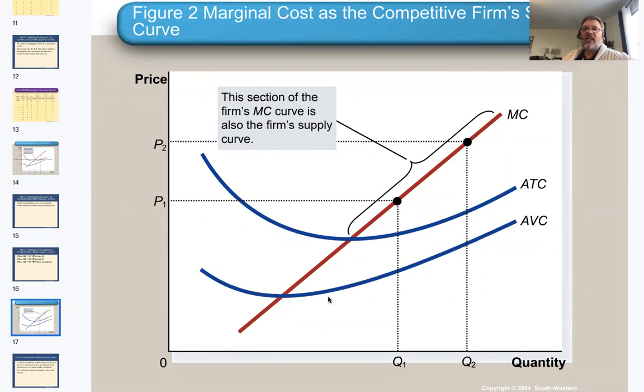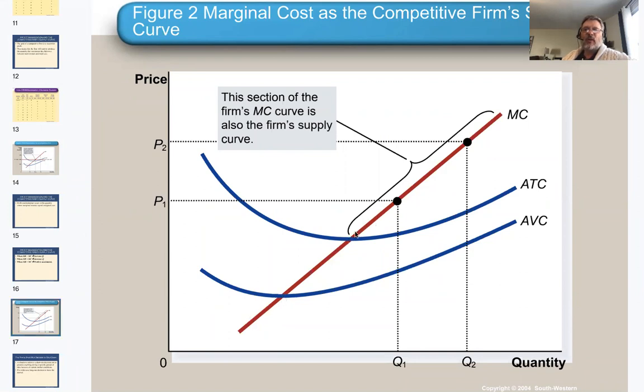Okay. Now, there's one other thing that's a little bit deceiving here, and we're going to finish that up in the next section of explanation, but just to prep you going forward, it turns out that the marginal cost curve is only the firm's supply curve for that portion of the marginal cost curve that's above the minimum of the average variable cost.